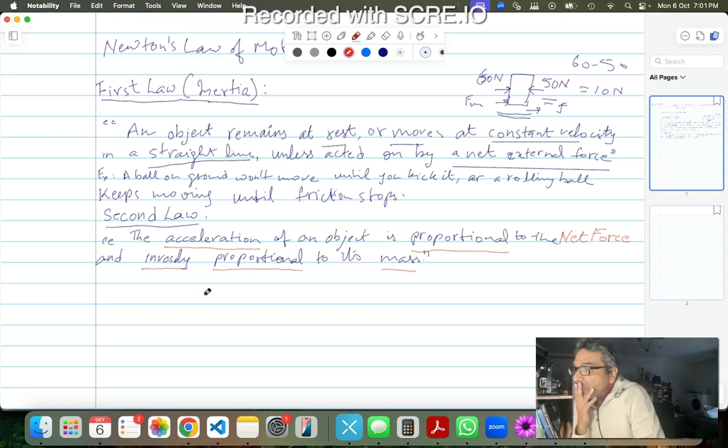Okay, let's see. So first it is stating that acceleration is proportional to the net force. I always say F net. And the second one is saying that the acceleration is inversely, sorry, acceleration is inversely proportional to the mass of the object.